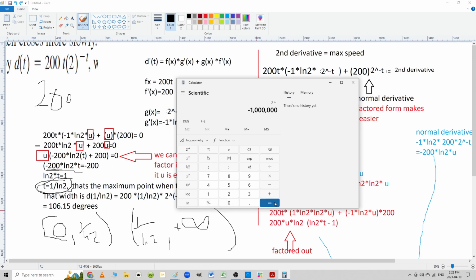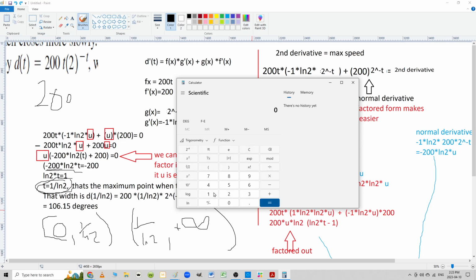It's not invalid. 2 to the power of negative 1,000,000 is just 1 divided by 2 to the power of 1,000,000. I don't know why the calculator is doing that to me. And that is not true at all.